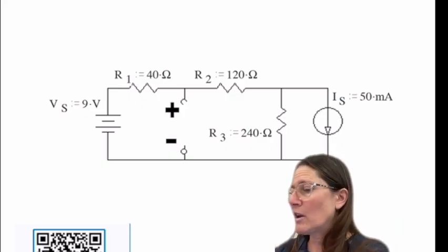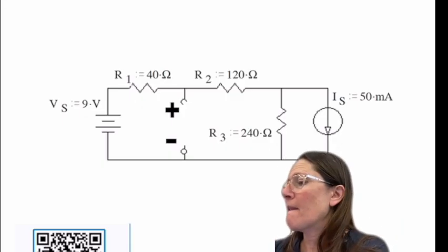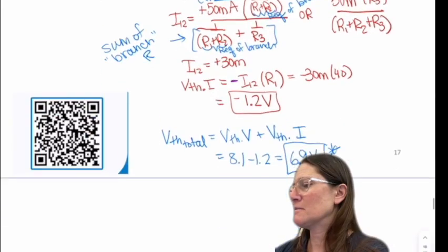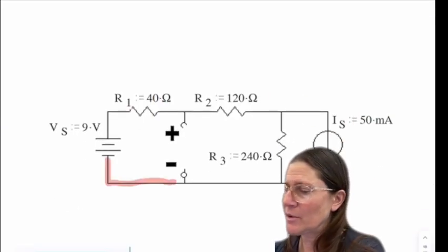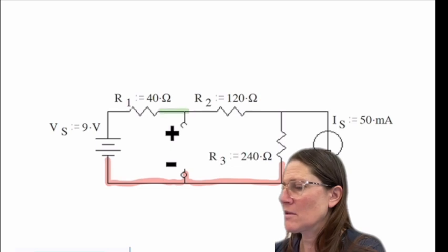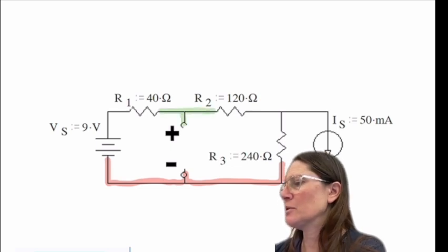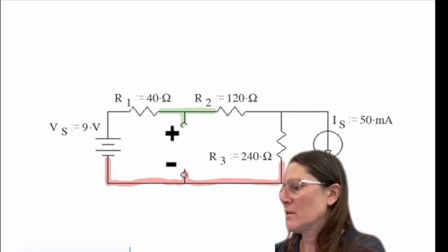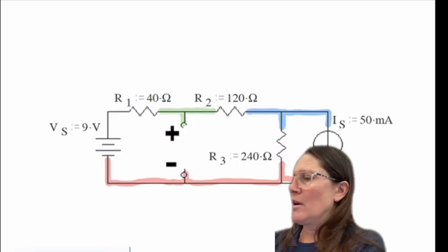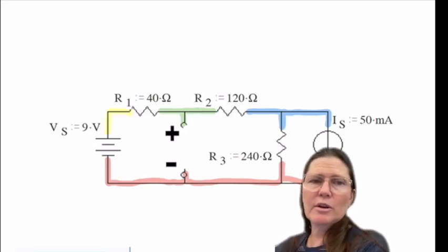I'm going to highlight these again: red, green, and blue. And this is an ordinary node there.